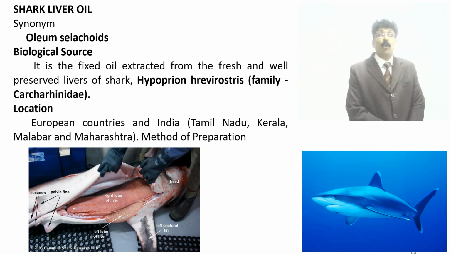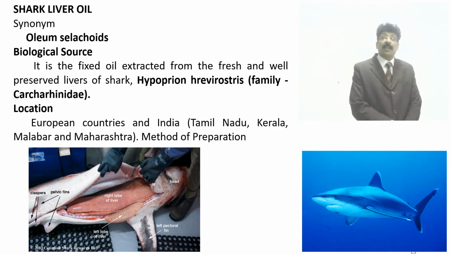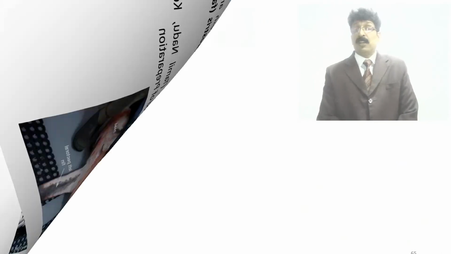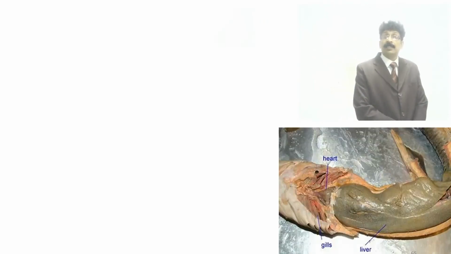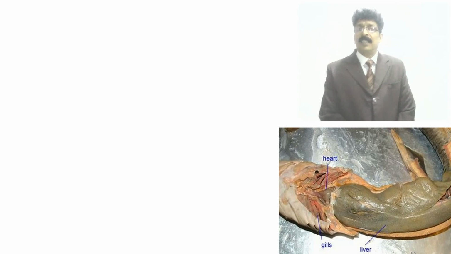In location, it is found in European countries and in India: Tamil Nadu, Kerala, Malabar and Maharashtra, where methods of preparation are available. This is the heart of the shark and the gill, and you can see the liver, how it is present.